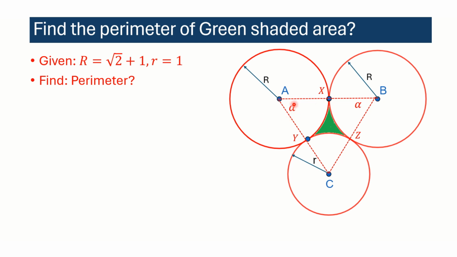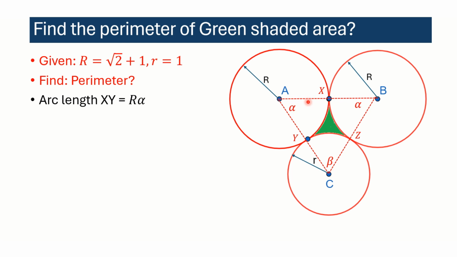Let us say this angle is alpha. This angle will also be alpha because these two angles are identical. Things are symmetrical in this case. And this angle is beta. Now if you remember one theorem of circles, it says arc length is equal to radius times the angle. This arc subtends an angle alpha, so radius times alpha will be the length of this arc.